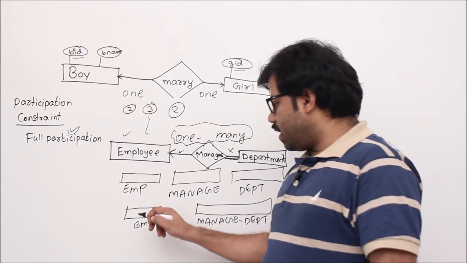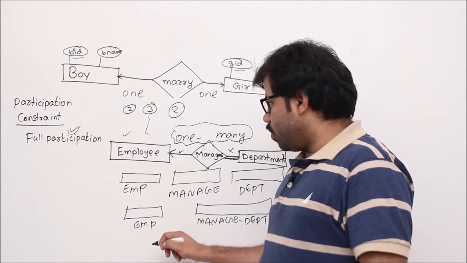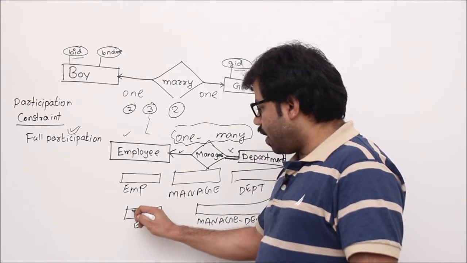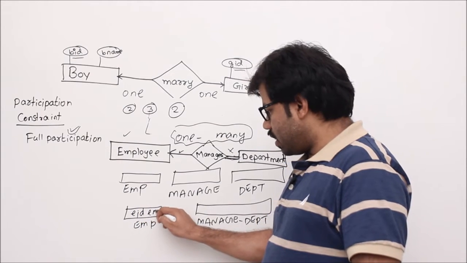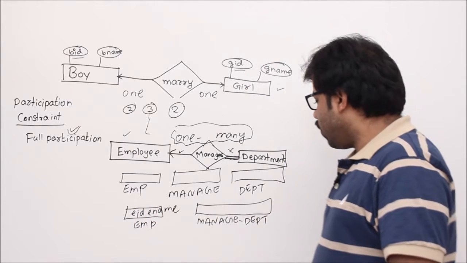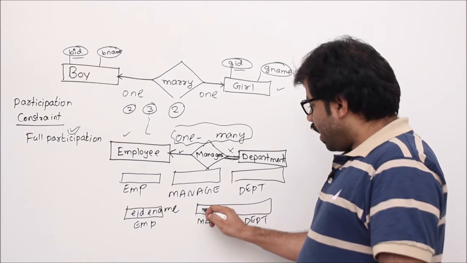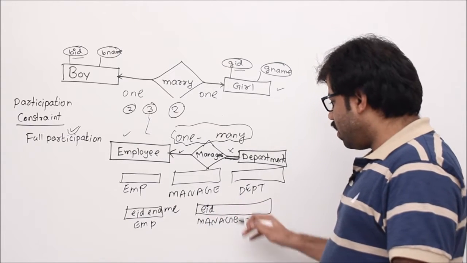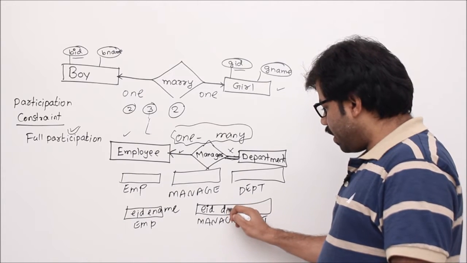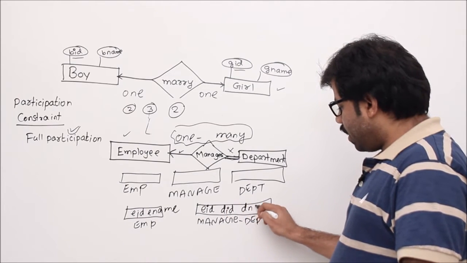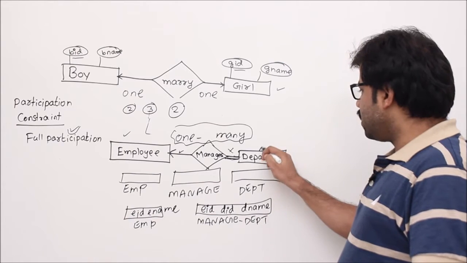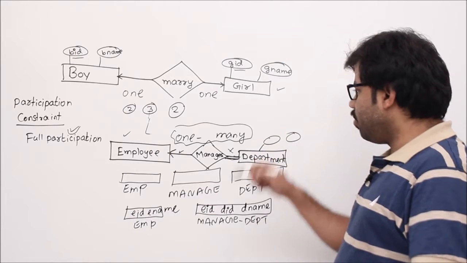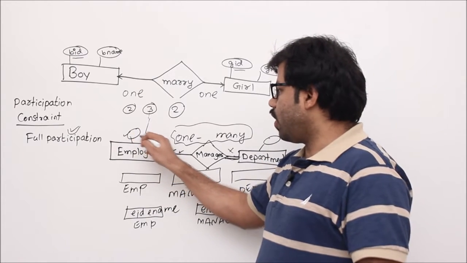We'll see what data we write in the employee table. Usually employee will have employee ID, employee name, just for simplicity. Here what we do is we write employee ID, who is going to be a manager of the department, and department information, department ID, department name. So here I am assuming that this has department ID and department name, and employees have employee ID and employee name.